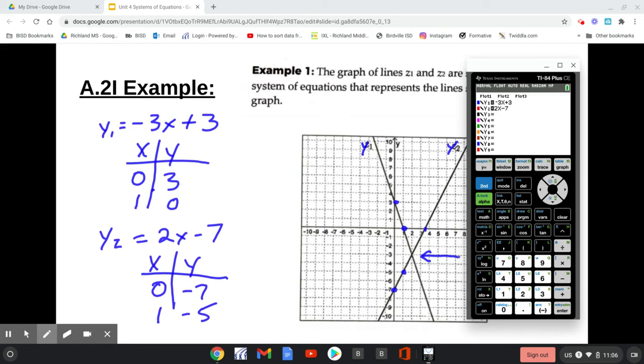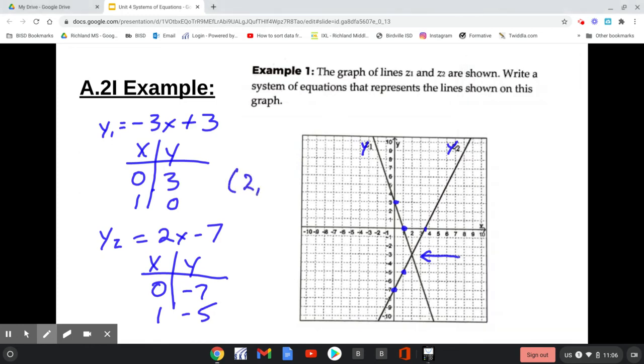Then I'm going to hit second trace 5. There's my lines. And I know that when x is 2 and y is -3, that is my solution, and that is what we see right here. X is 2, y is -3.